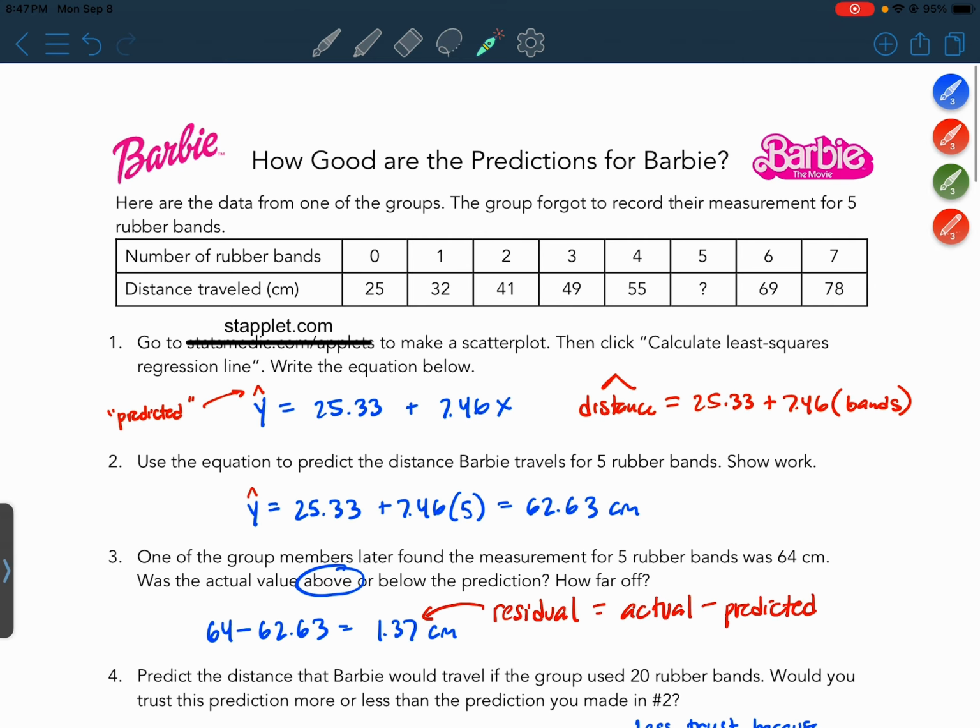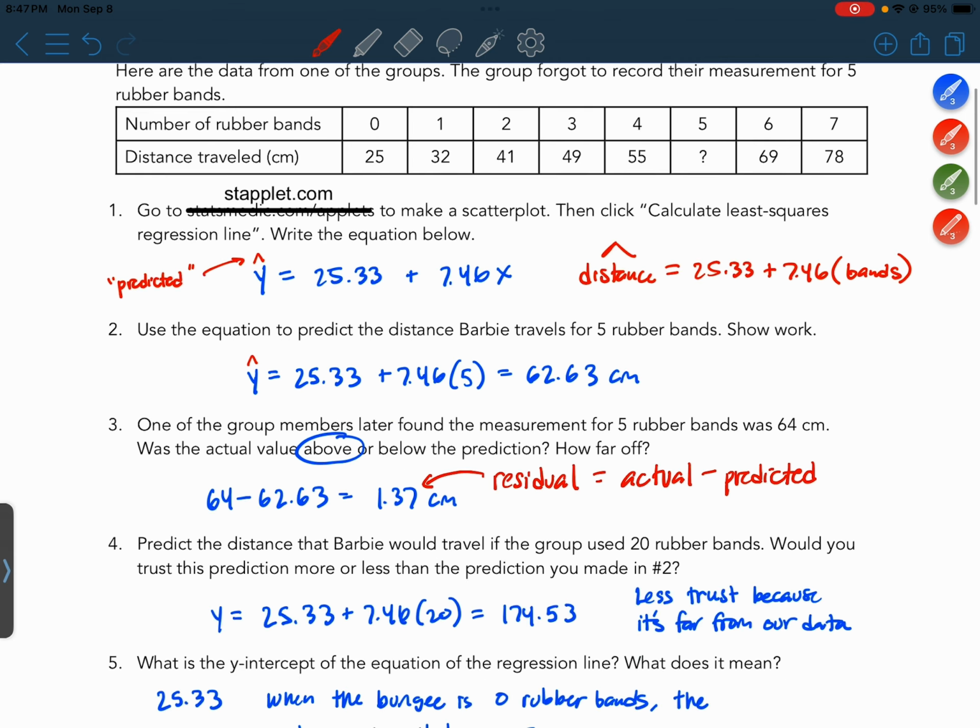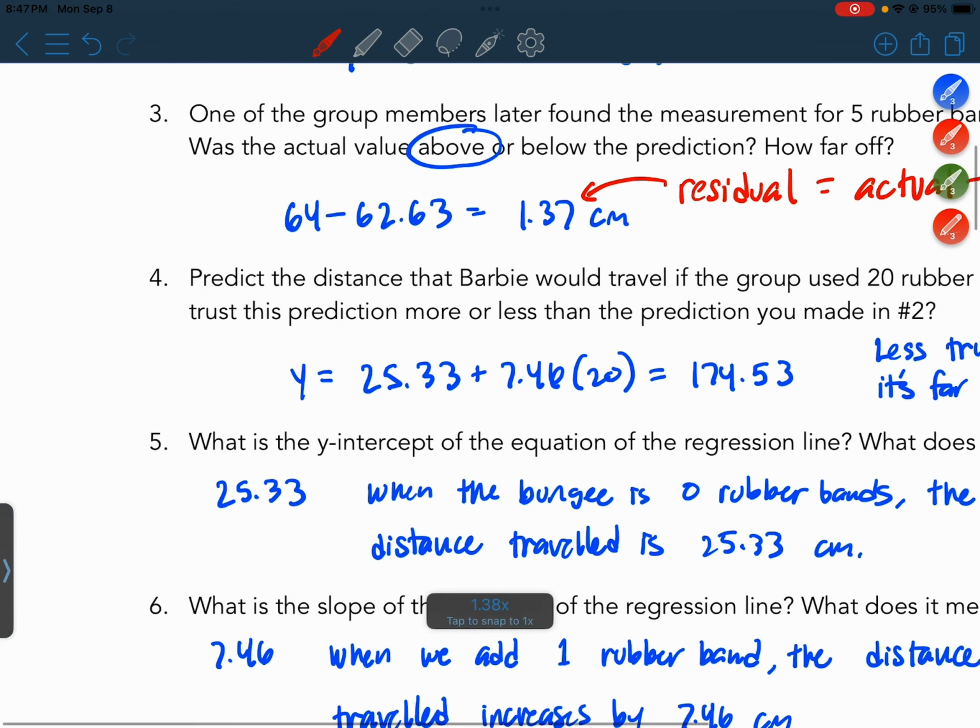And we're not entirely positive whether the trend we see here in the first 7 rubber bands would actually continue beyond 7 rubber bands. So we call this type of prediction an extrapolation. Okay. And generally speaking, it's dangerous to extrapolate since we don't know what the pattern is going to look like further down the line.